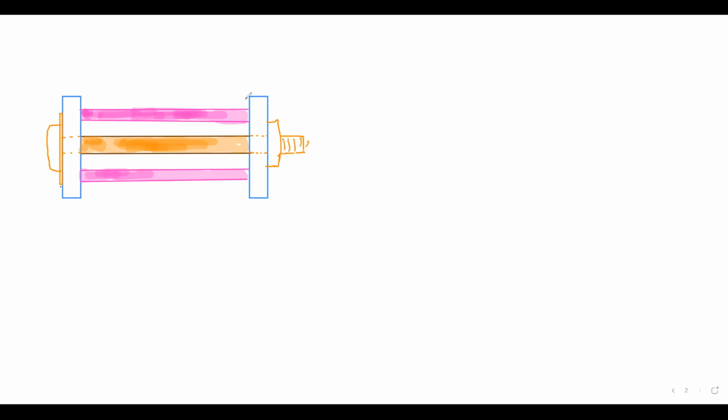Thanks for your patience. Now the question says that EB equal to 15 into 10 power 6 pound per square inch, and the brass has a diameter of 3 by 8 inches, fitted inside a steel tube of ES equal to 29 into 10 power 6.